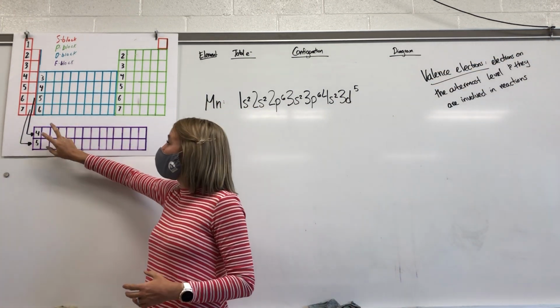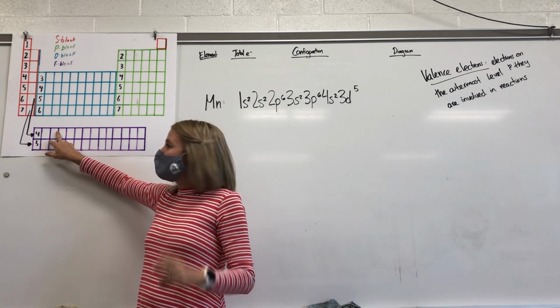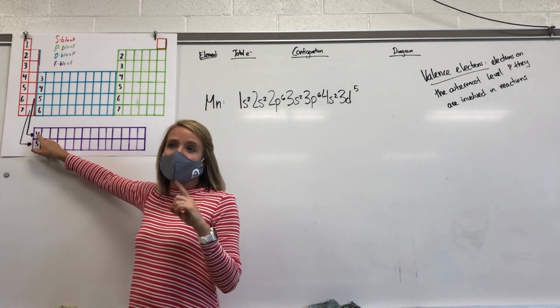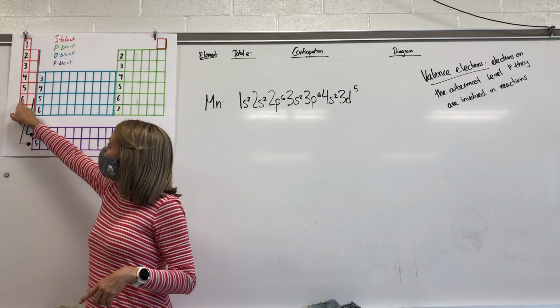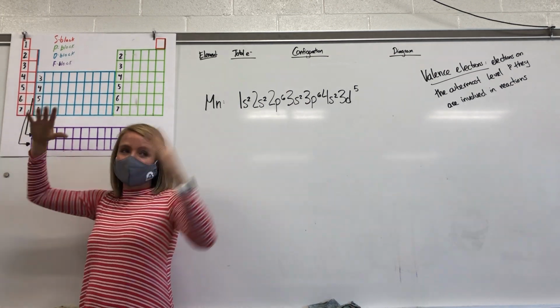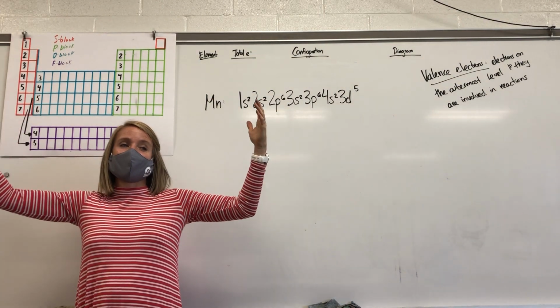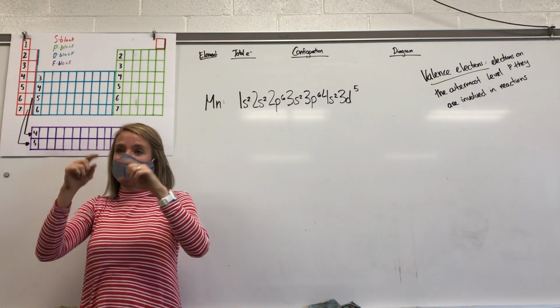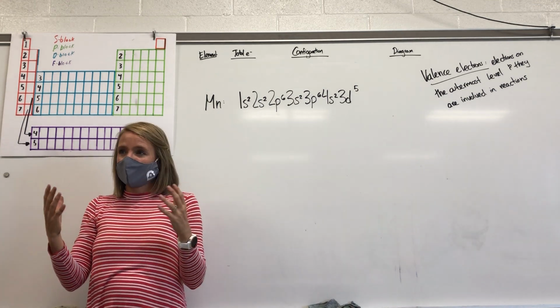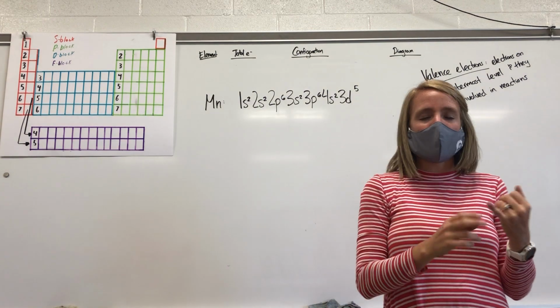The same thing actually happens with the f orbitals. We don't start filling up the 4f orbitals until we get down to the 6 row. So when you start getting up to the 6, then electrons start going back and filling up the 4f. If it helps, there are some weird patterns to help you remember.